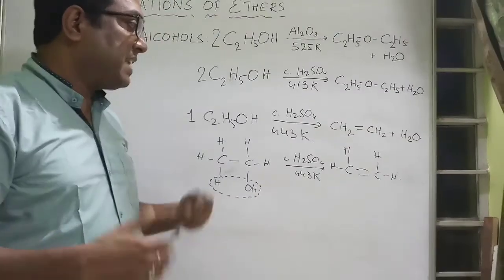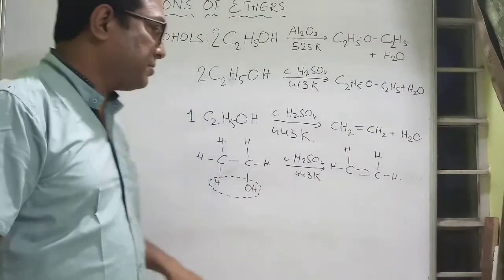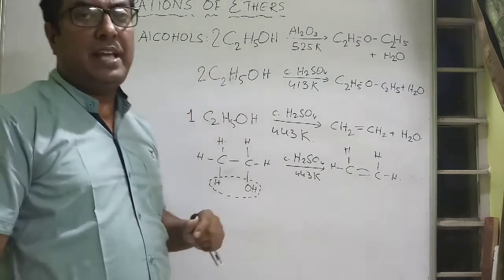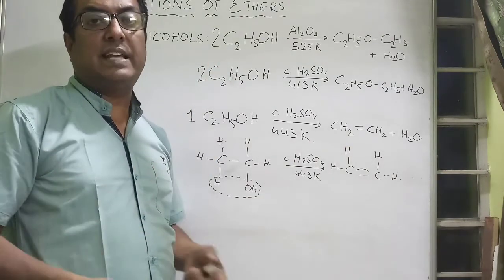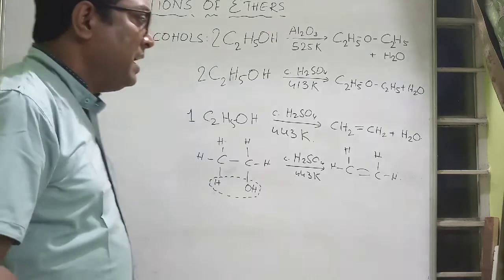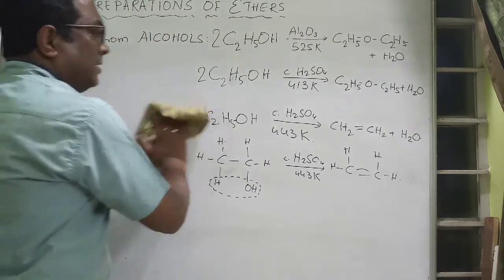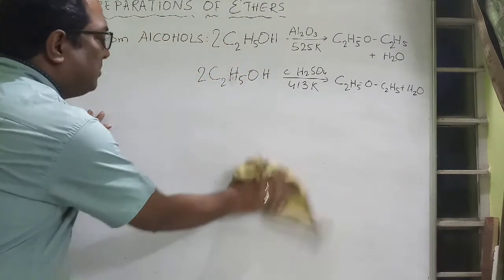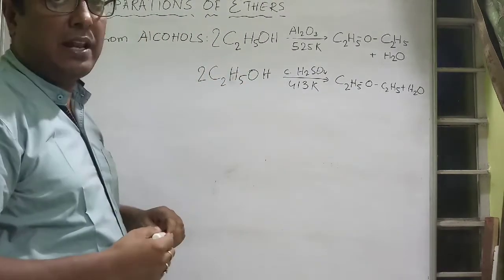Now there is another limitation that we are going to see: this is applicable for the primary alcohols. Had it been for the secondary and the tertiary, let us see. It is not going to form ether. Can you just imagine that this is applicable only for the primary alcohols.